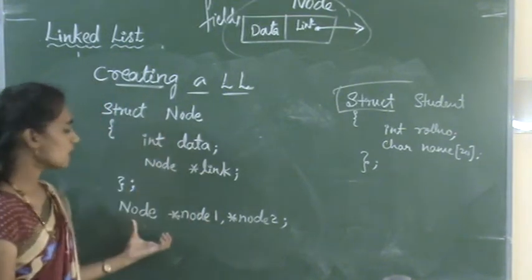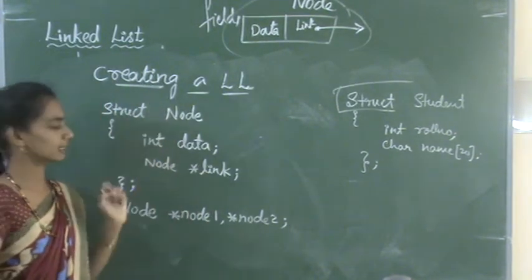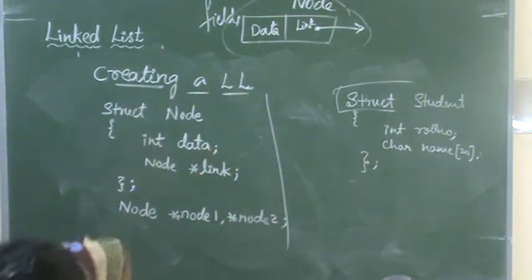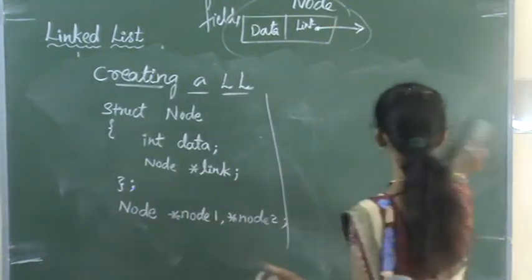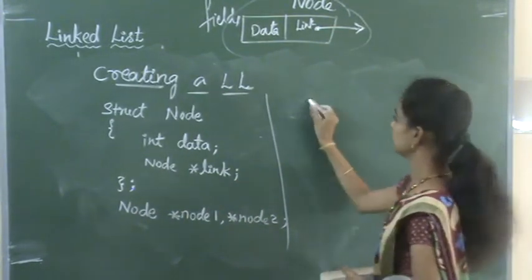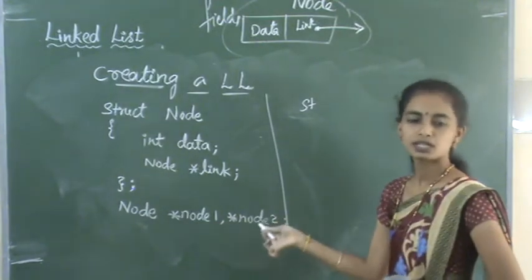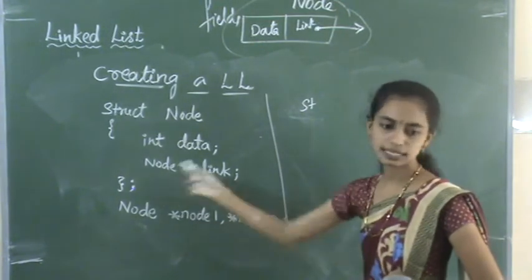Okay, so this is how we are creating the linked list. This can be written in a different way also, in two ways. One way is this, and another way is declaring this structure inside the structure only.